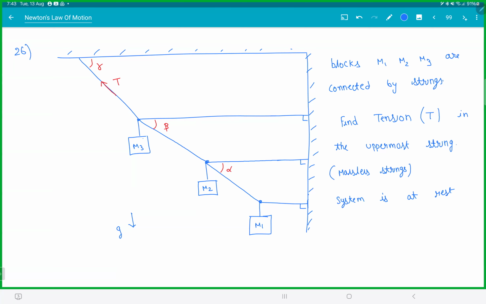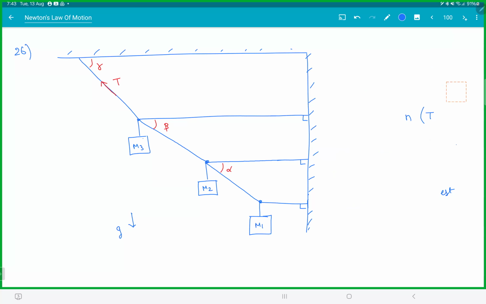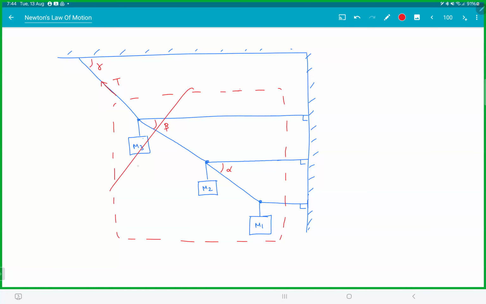Yeah. So see, we did this in foundation, remember? Something like this. Like I said, how you choose your system will make your life easy. So I will choose the entire thing as one system. If you take the entire thing as one system, you don't know what is happening inside, and we don't care.